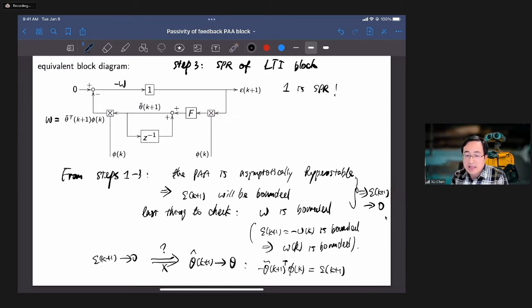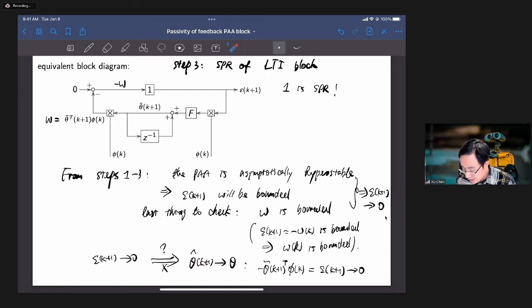That's why that needs to be separately treated. So we have concluded that this signal will go to 0, and this fact cannot guarantee that we will have the parameter converging to the true value.